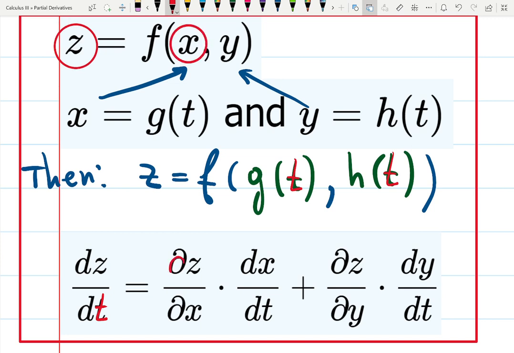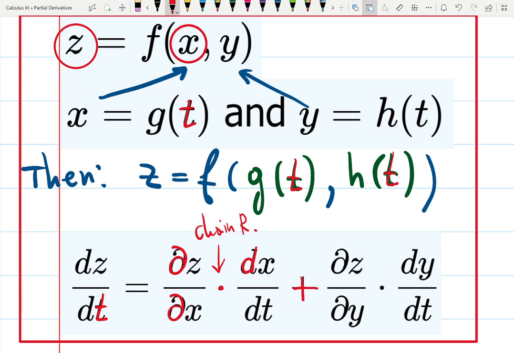And I'm using partial derivative notation because z depends on something else. Chain rule happens here, and says, oh, but x also is a function. Differentiate that. Now it's not partial derivative anymore because x only depends on t, only one variable. So now we're differentiating with respect to t.